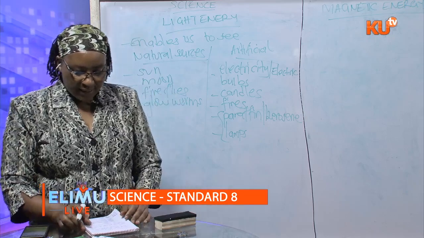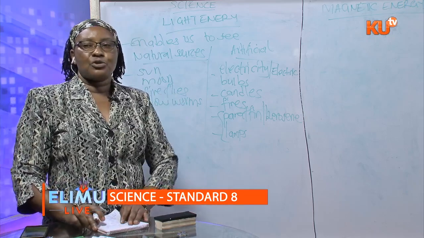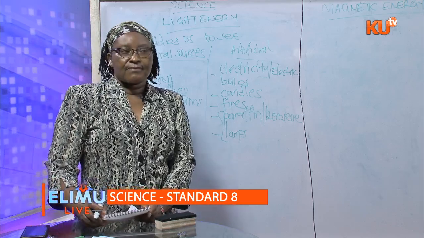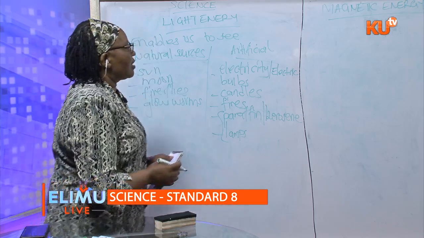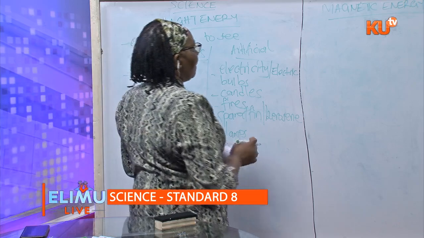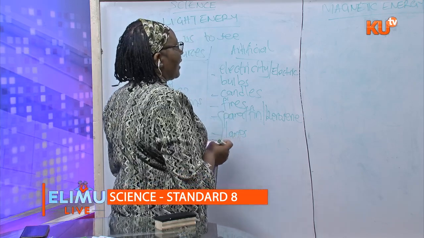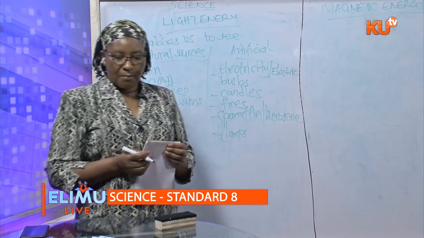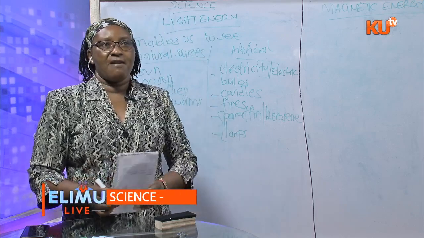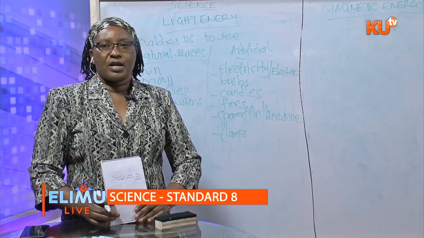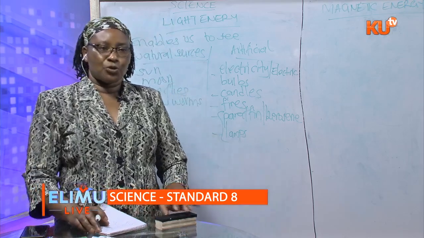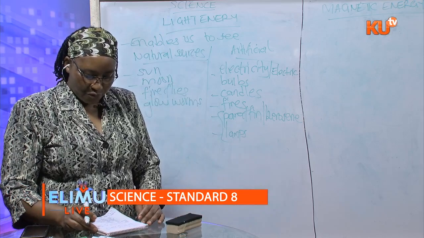So magnetic energy enables us to pull or push things, and that's why it is a form of kinetic energy, because you may have a pin somewhere and you want to lift it, or a heavy object, and you can use magnetic energy to lift it to wherever you want it to be.